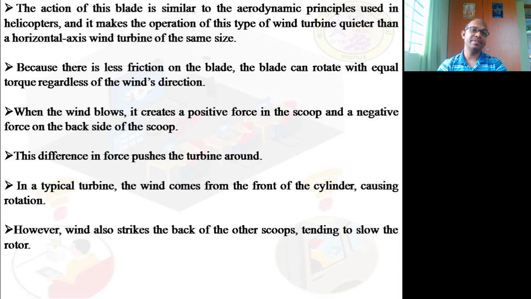Now the action of this blade is similar to the aerodynamic principles used in helicopters, and it makes the operation of this type of wind turbine quieter than a horizontal axis wind turbine of the same size.